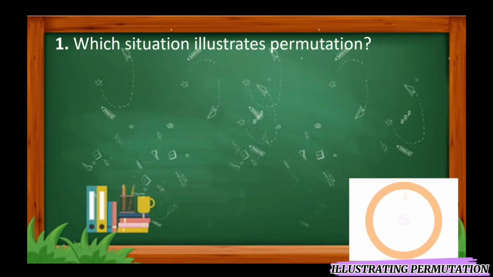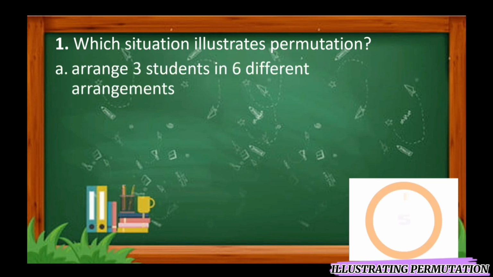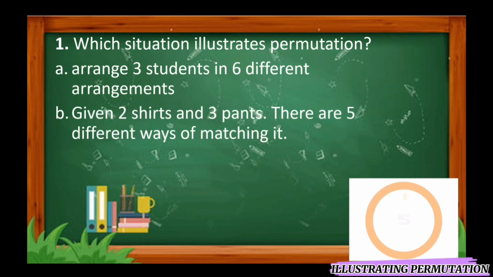Let me assess if you learned something in our lesson today. Kindly get a pen and a paper. You are going to write the correct answer for these 5 questions. Question number 1. Which situation illustrates permutation? A. Arranging 3 students in 6 different arrangements.